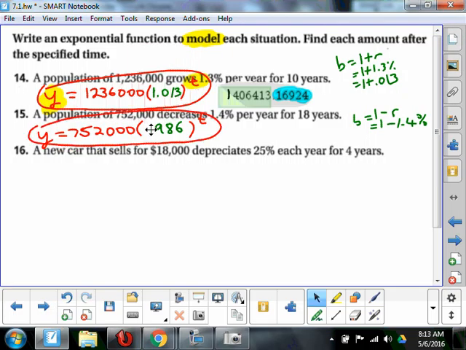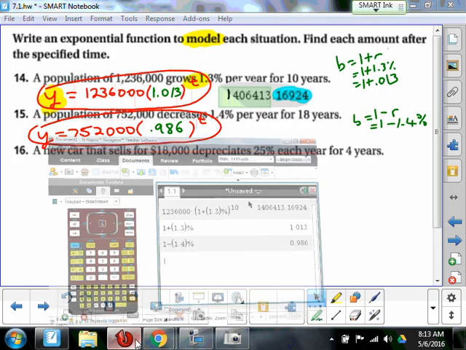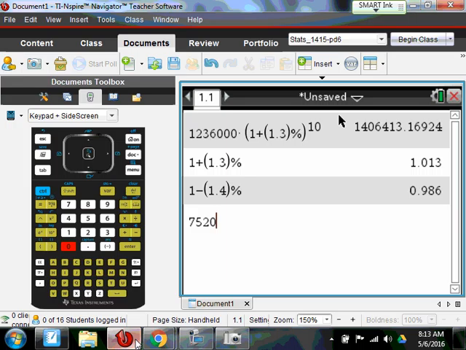To get the second half of the question, we're going to plug in an 18. So 752,000 times 0.014. Somebody should call me out. Huh? There's a percent there? I put in the wrong one? Well, let's just see what happens.